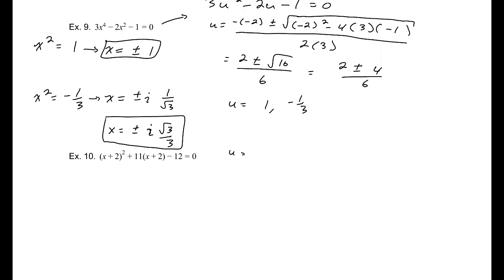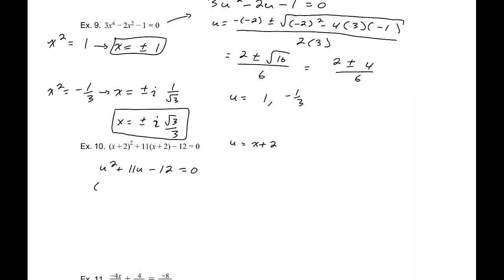If u is equal to x plus 2, then this is u squared plus 11u minus 12 equals 0. And that is a quadratic that factors. We're going to have 2 u's there. We're going to have a 12 and a 1. One of them must be negative.